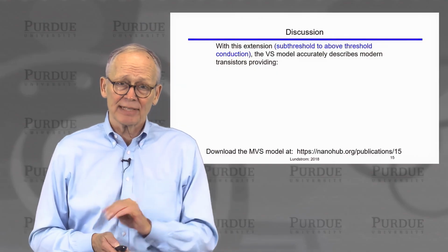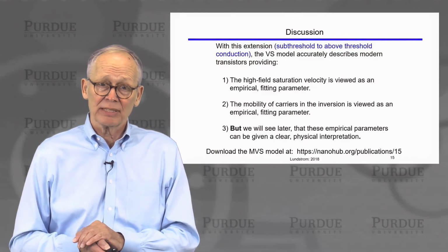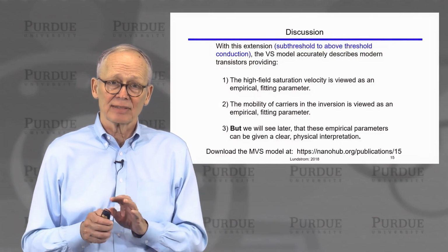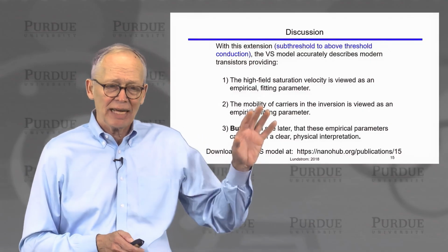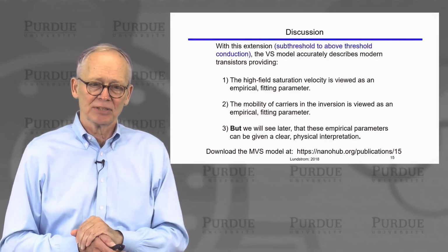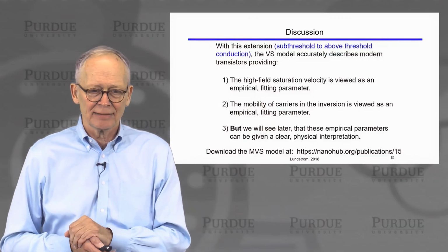Okay, so with this extension, the virtual source model actually does a remarkably good job of fitting the measured IV characteristics of modern, very short channel transistors. However, we have to view the high field saturation velocity, the vsat term in this model, as an empirical fitting parameter that we adjust to fit the data.